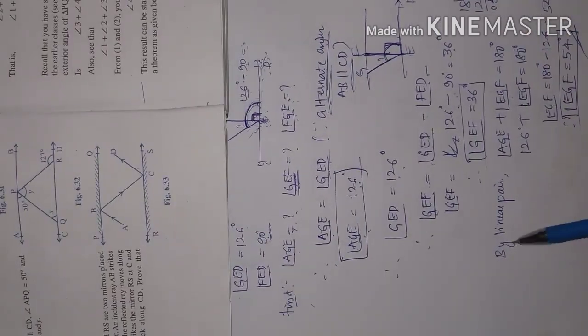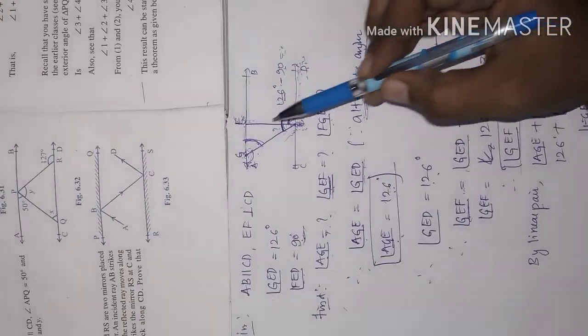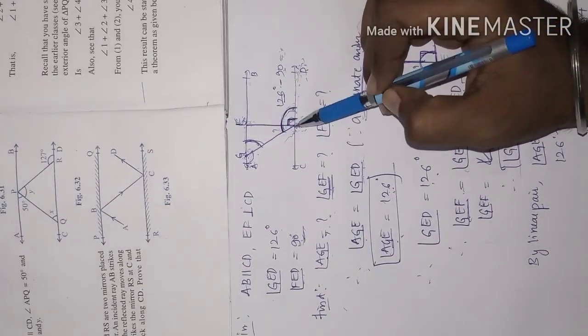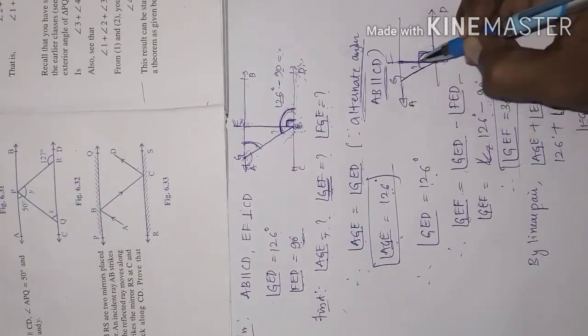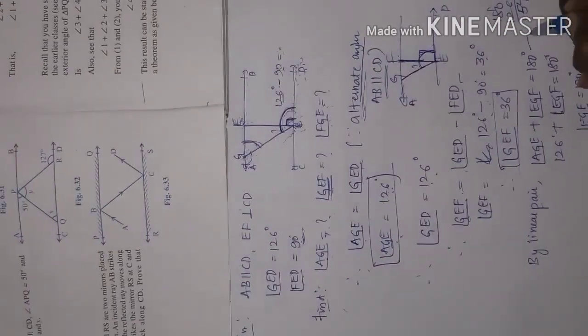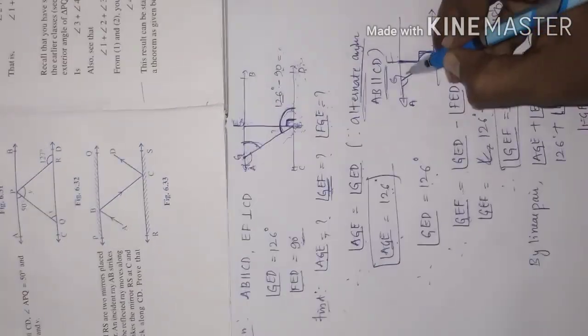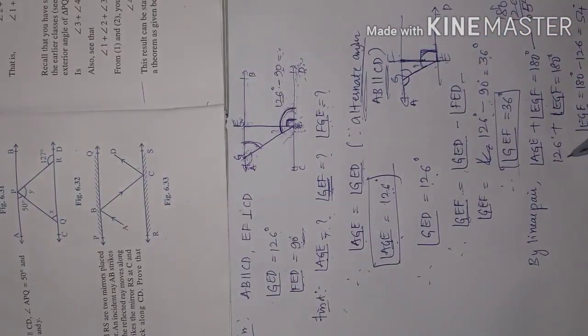And the last one is by linear pair. By linear pair, this part, AGE plus EGF, is equal to 180 degrees. So AGE is how much? 126.